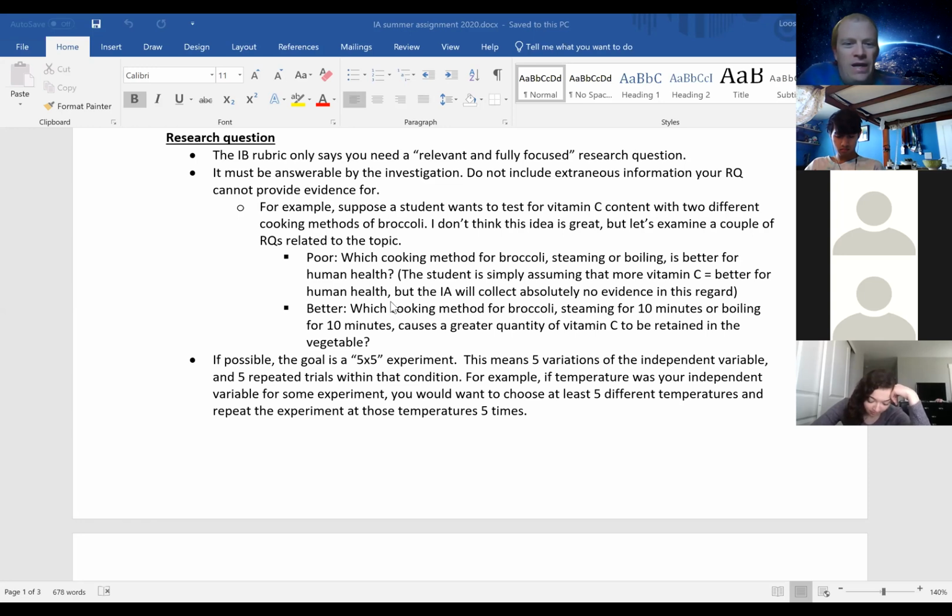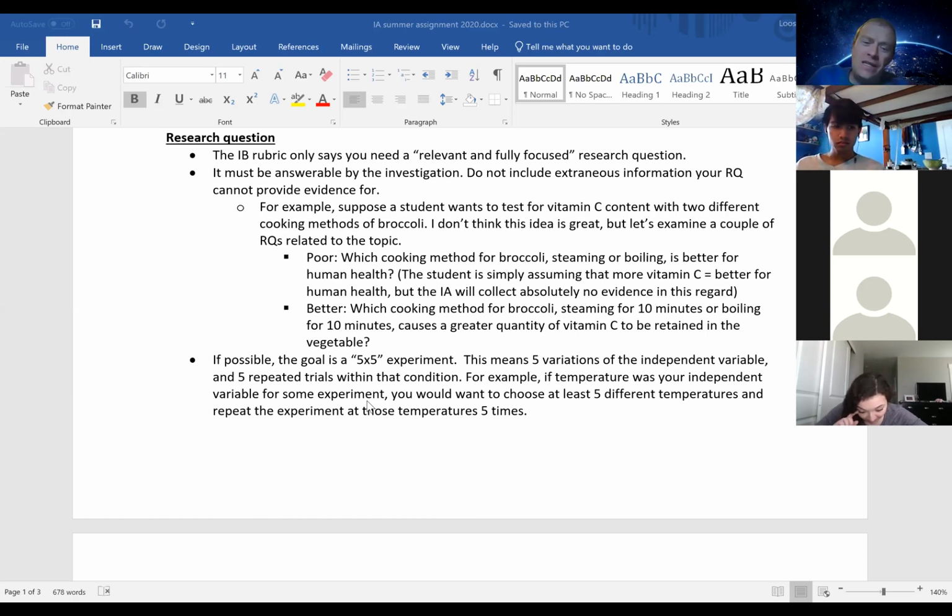A better one might be, which cooking method for broccoli, steaming for 10 minutes or boiling for 10 minutes, causes a greater quantity of vitamin C to be retained in the vegetable? See, so it's very specific. Notice it includes times. It includes the independent variable, which is the steaming versus boiling, and it includes the dependent variable.